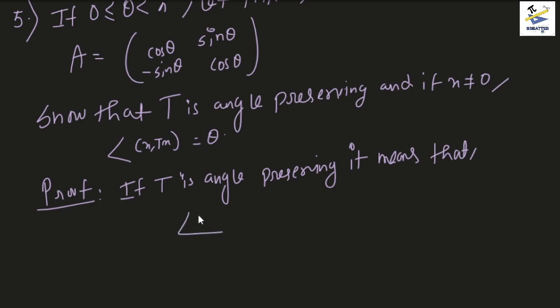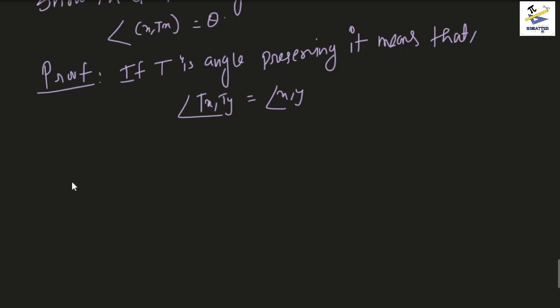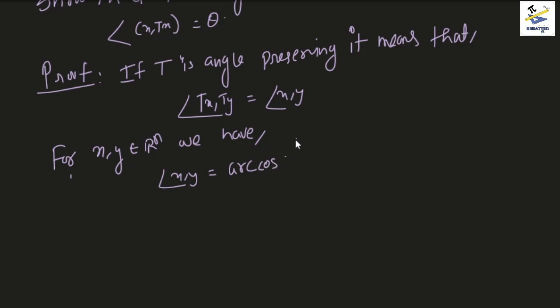So like this, Tx comma Ty, the angle between Tx and Ty is similar to the angle between x and y, and the angle between two vectors is only given by arc cos of the inner product of x comma y divided by mod x into mod y, as we all know. So basically for x comma y belonging to R to the power n, the angle between x and y is simply given by arc cos of the inner product of x comma y divided by norm of x into norm of y.